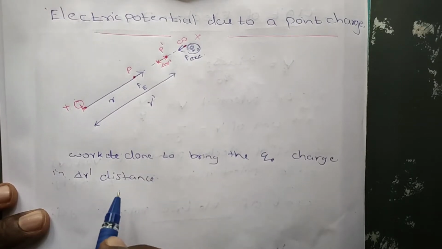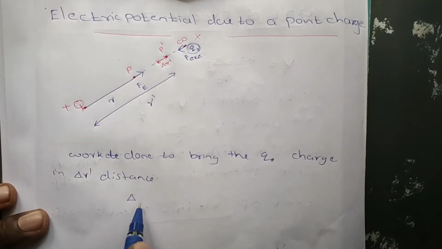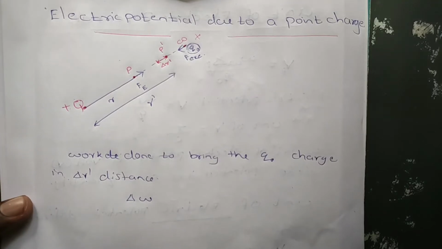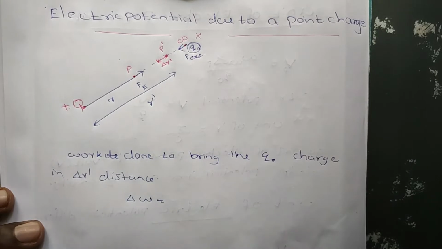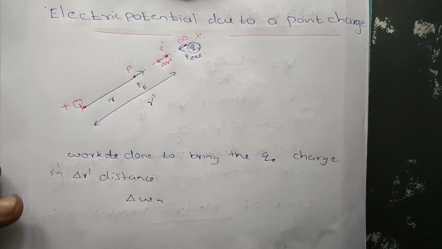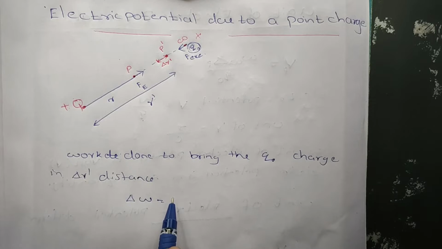That is a small distance, so the work done is a small work done, delta W. So what is the work done formula? Here, in the small distance, the electrostatic force is constant. So which formula can we use? Work done has two formulas: one is the integration of f of x dx, and the other is the dot product of force and displacement. Here the force is constant, so we can use F dot s.